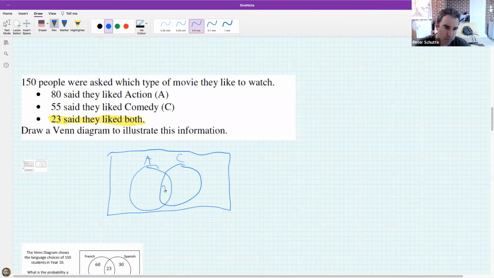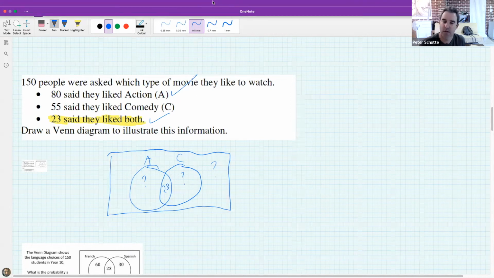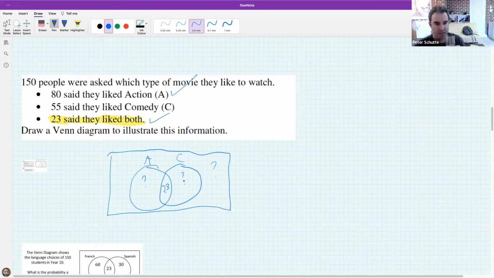And so I start by putting 23 here, and that tells me those people liked both types of movies. Now, the question is, how do I go from this 23 to get 80 in total for action? Or how do I get this? Or how do I even get that? I'll give you a moment to think about that. I want you to have numbers for this one, and for this.